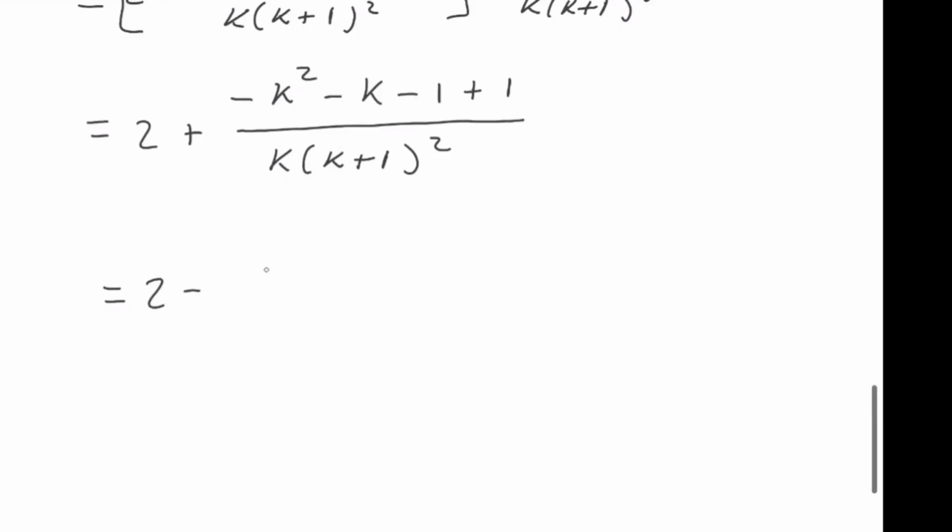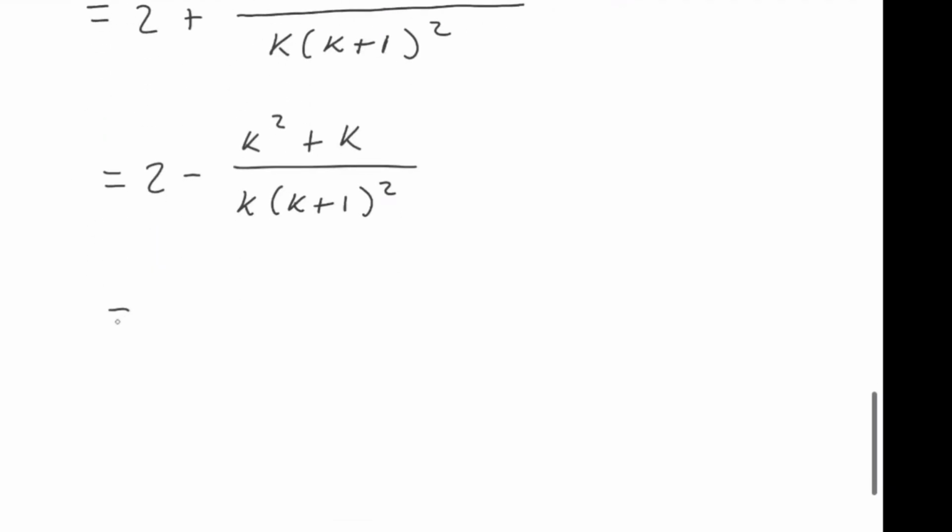So this is going to be 2 minus k squared plus k, because negative 1 plus 1 is 0. So it's going to be 2 minus k squared plus k over k times k plus 1 squared. And then we could factor out a k on the top. So this is 2 minus k times k plus 1 over k times k plus 1 squared.